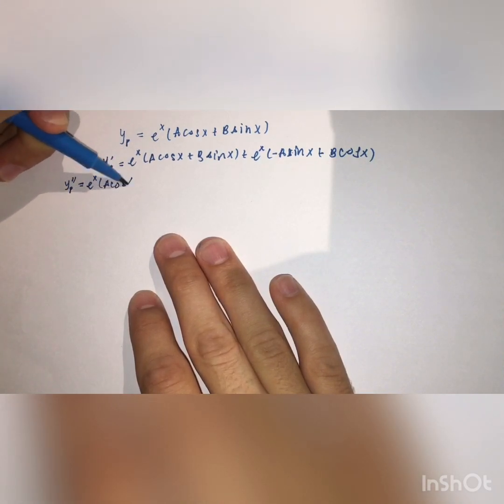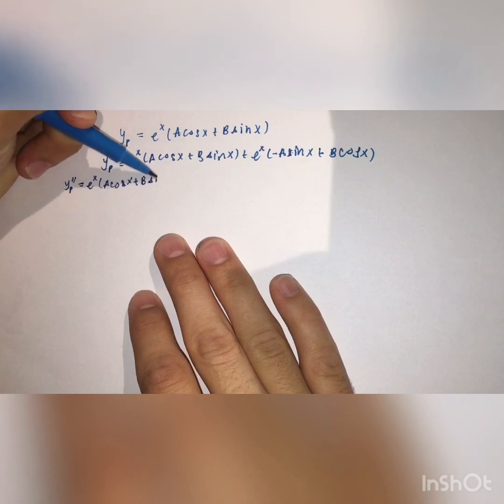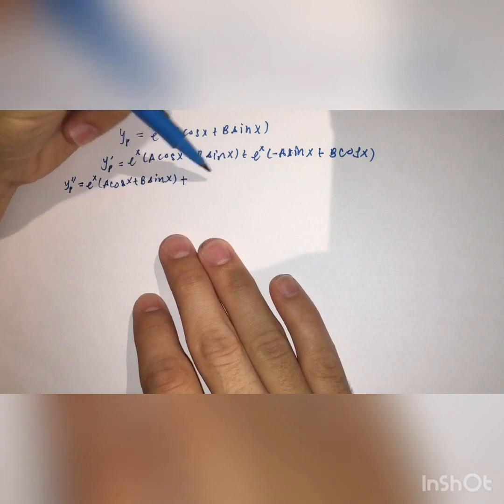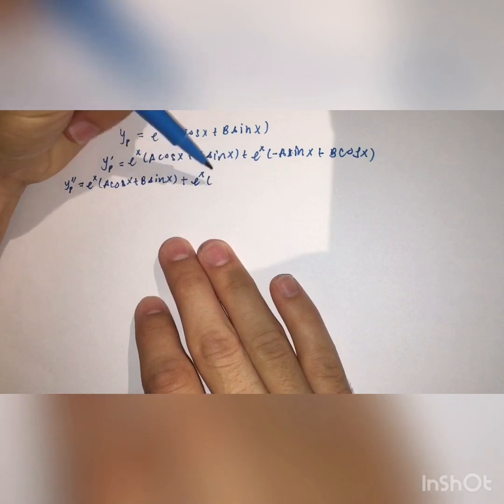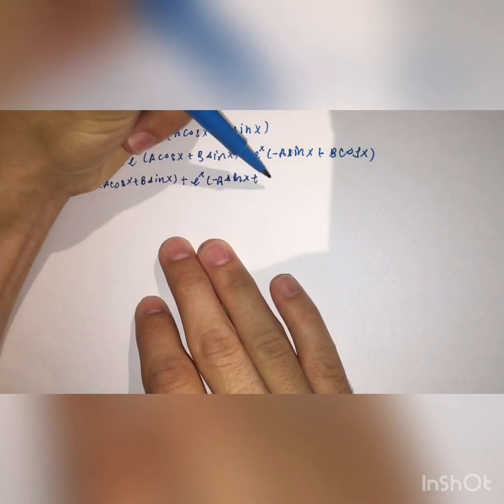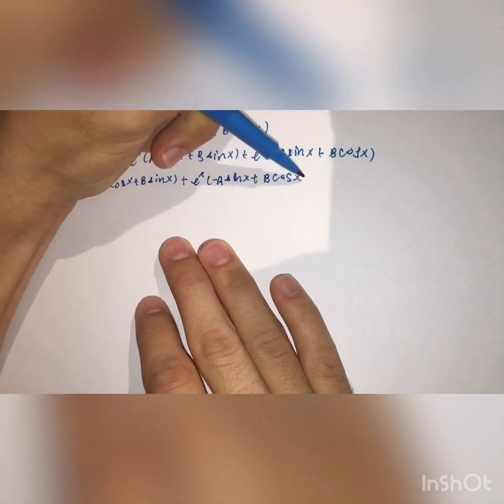A cosine of x plus b sine of x plus e to the x, a sine of x plus b cosine of x.